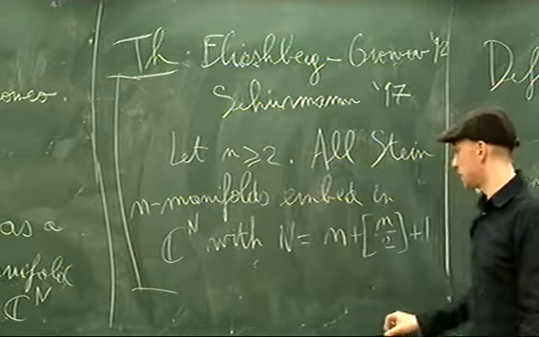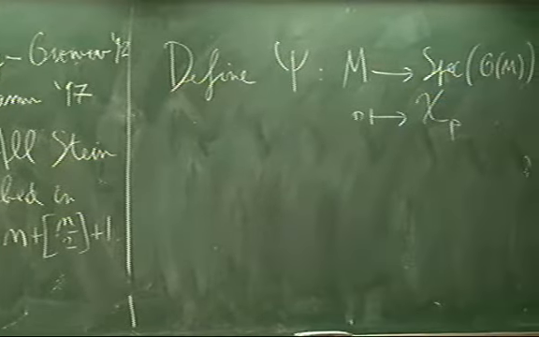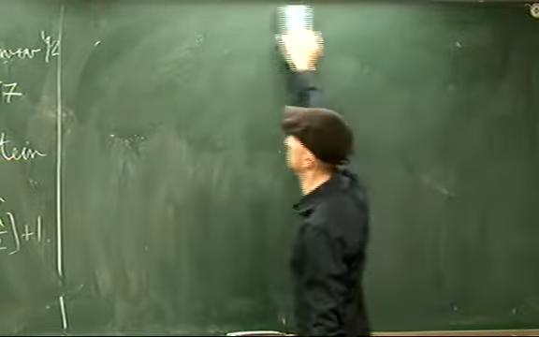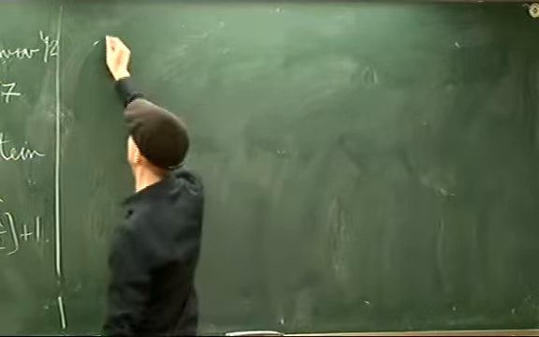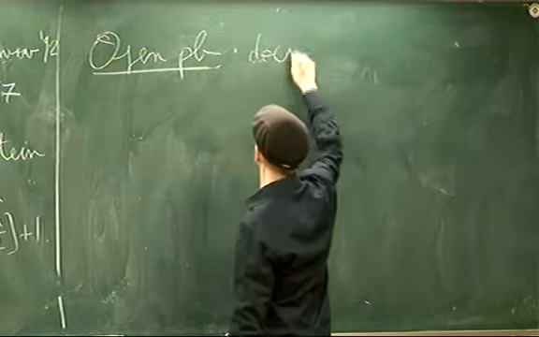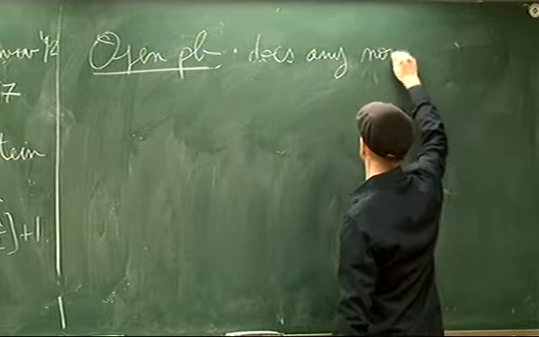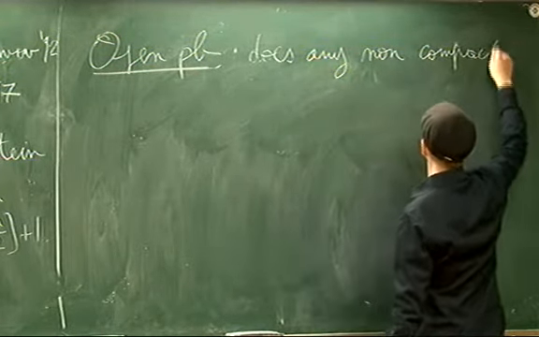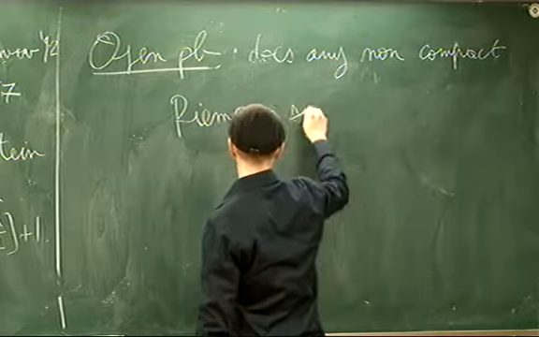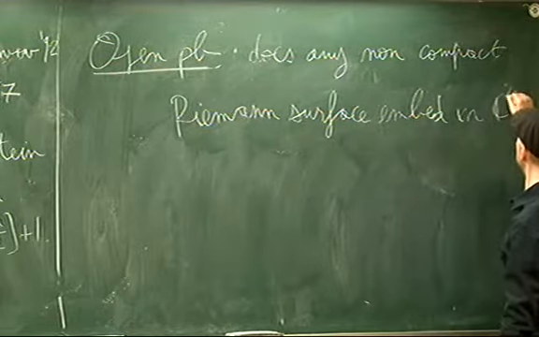Now there is something funny here: assume that the dimension is at least 2. The case of n equals 1 is not trivial at all, and it is actually open. So, open problem: does any non-compact Riemann surface embed in C^2?